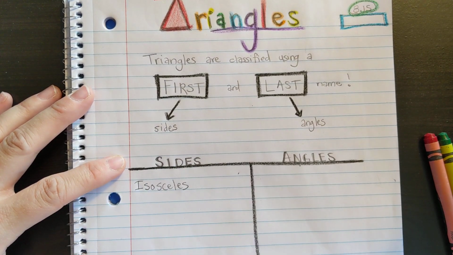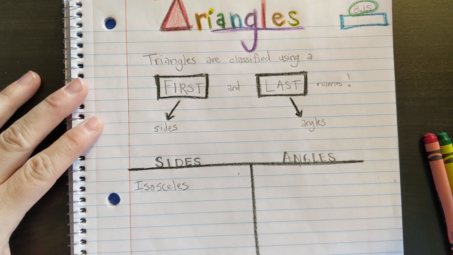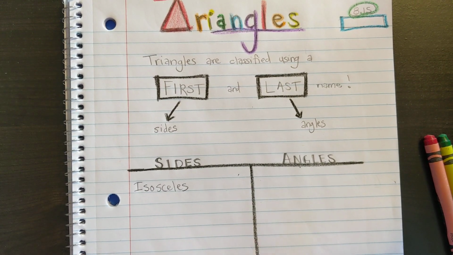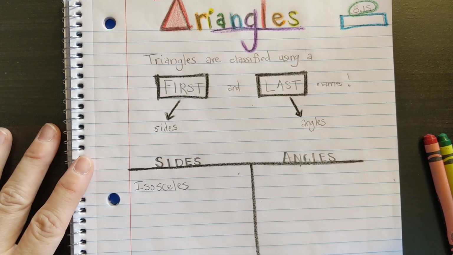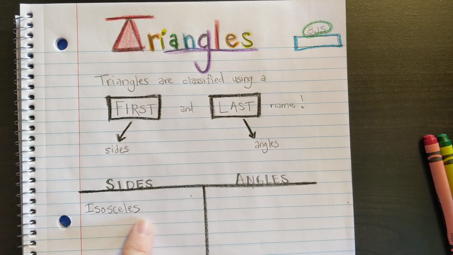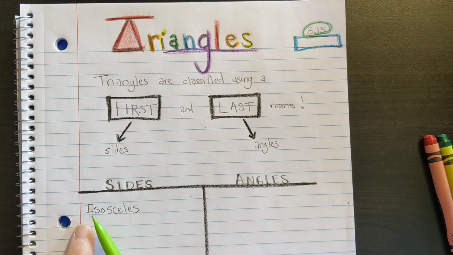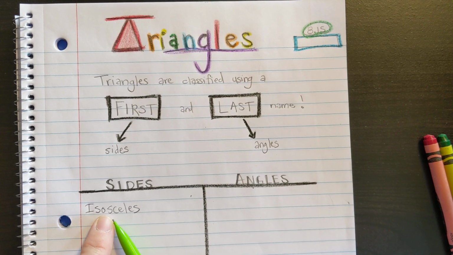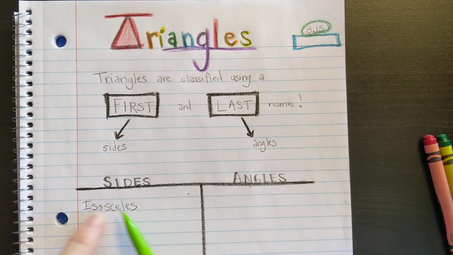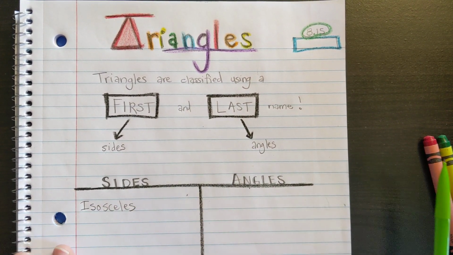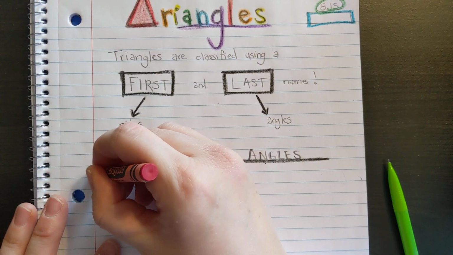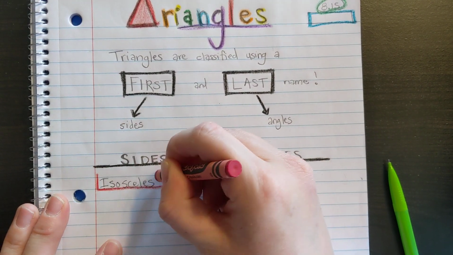That is how it's spelled, I-S-O-S-C-E-L-E-S. But it is pronounced isosceles. So I remember it as "I saw," and then a girl, I think of her name as Celise. So that helps me remember. Isosceles. Okay? We're going to give isosceles the color of red.